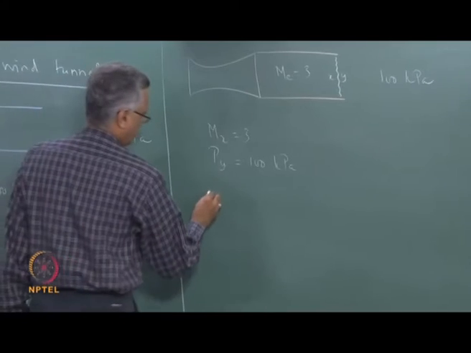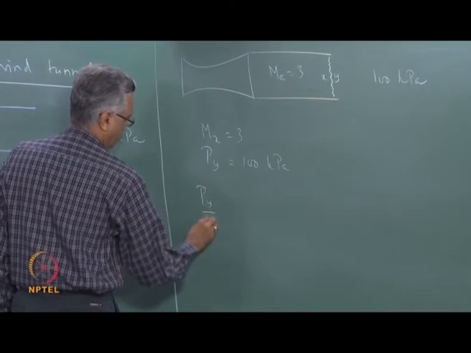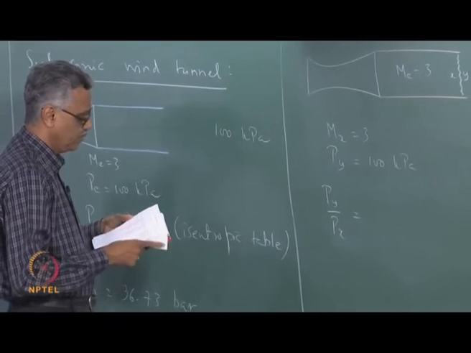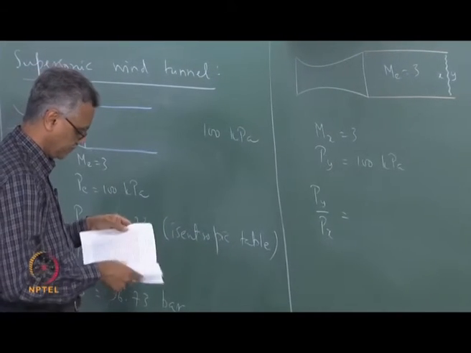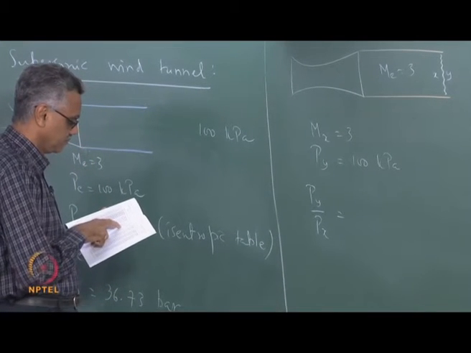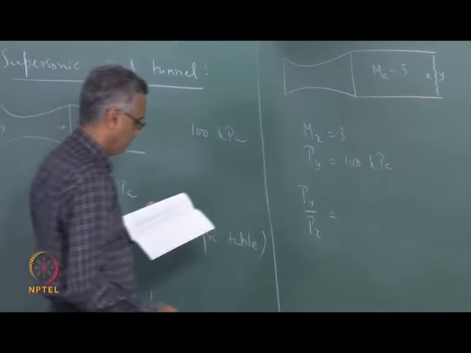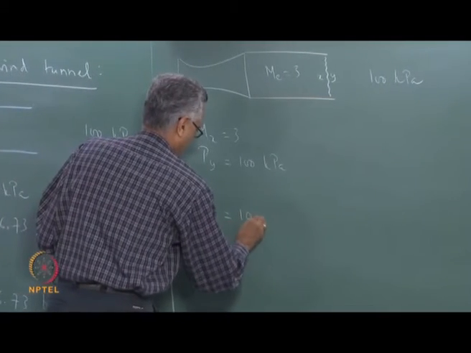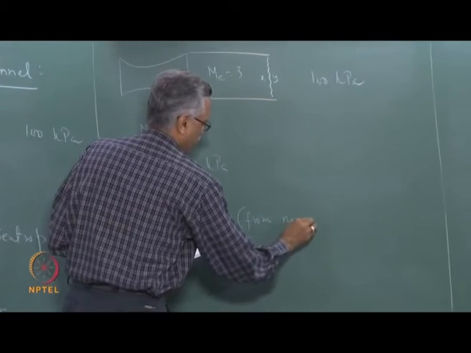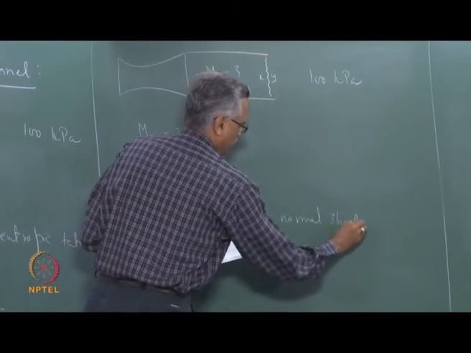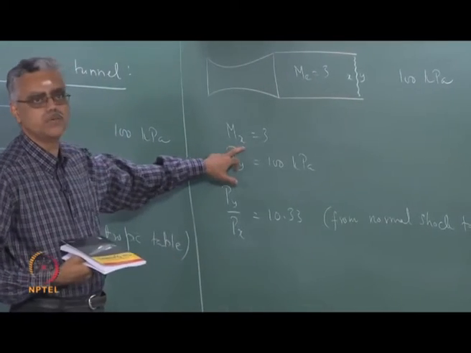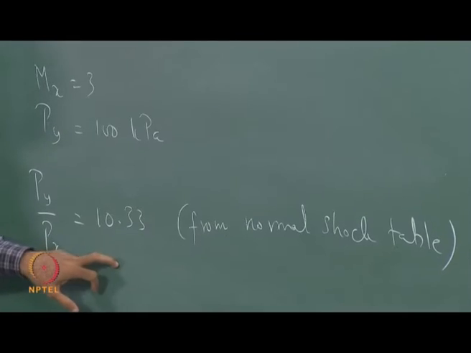So if I go to the normal shock table for M equal to 3, for a shock that occurs at Mx equal to 3, I get Py over Px to be 10.33.